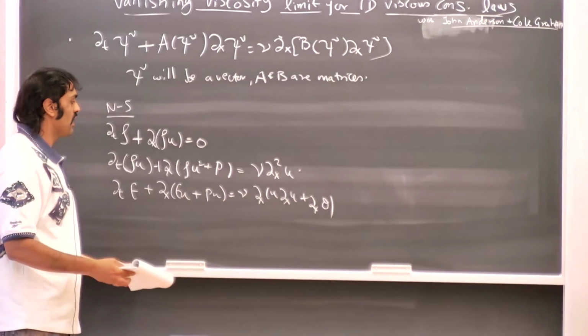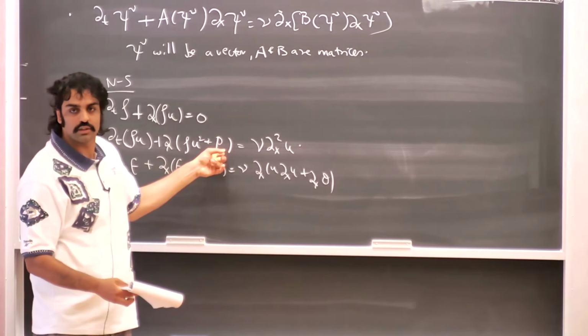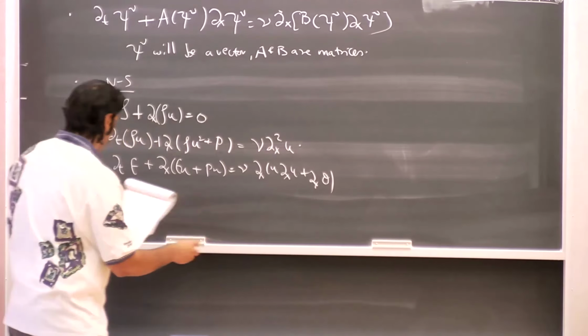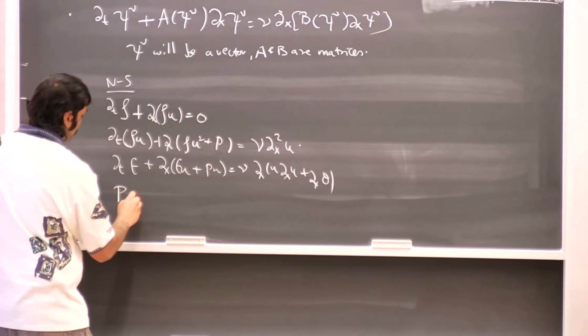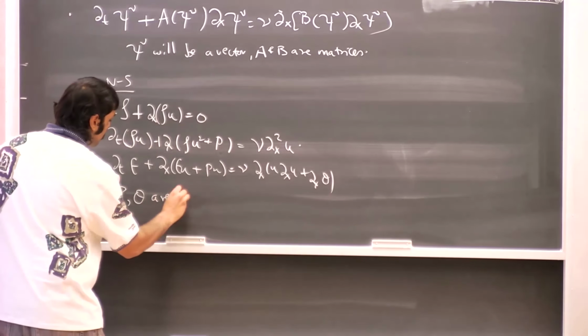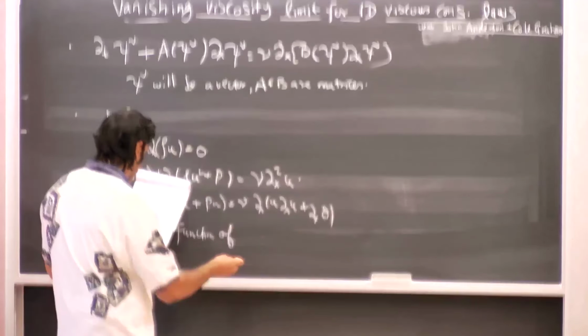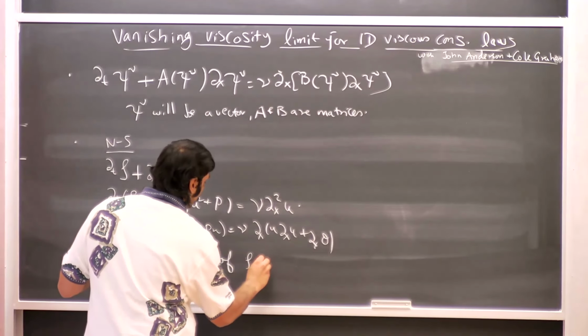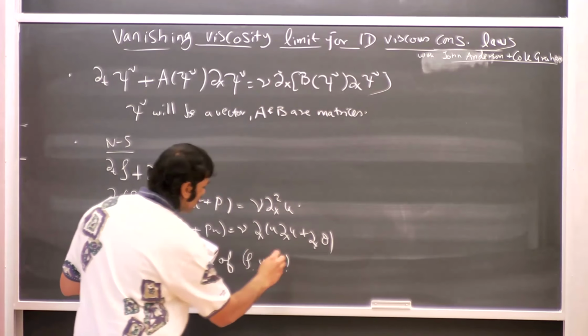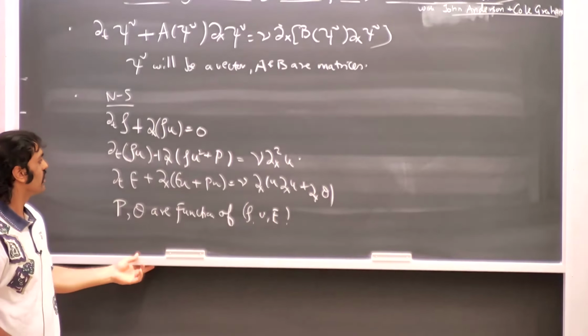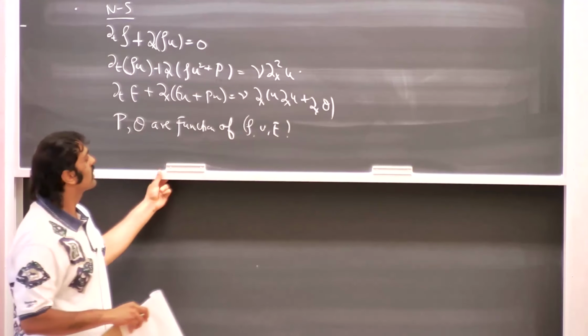So now there's a pressure term P, and then there's theta, which is the temperature. To close this, we say P and theta are functions of rho, U, and E. So this is the system that you can keep in mind.